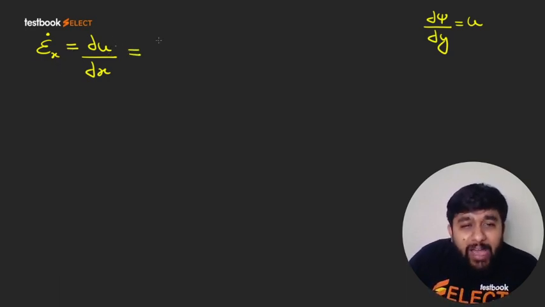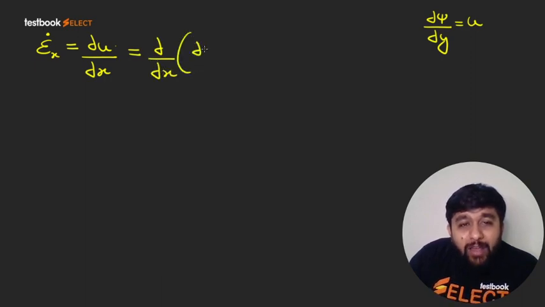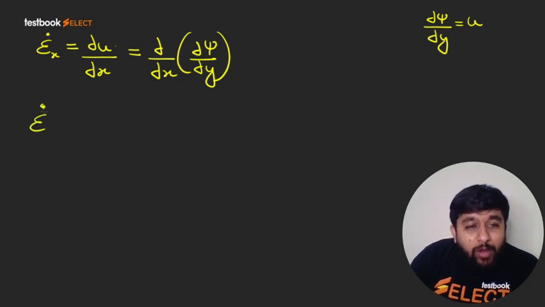But directly write it like this: del by del x of del by del y of psi. You can put the formula of epsilon dot x directly in terms of psi.